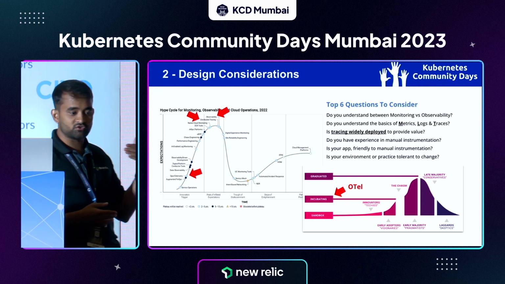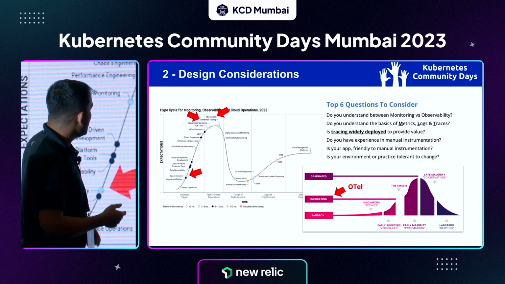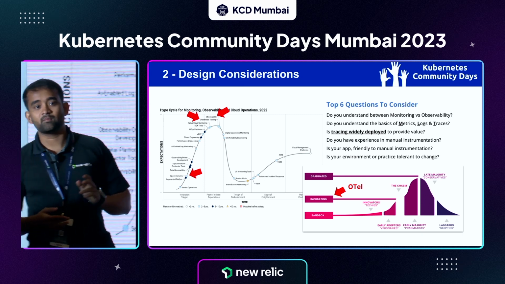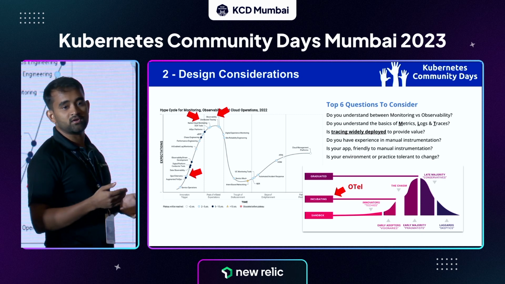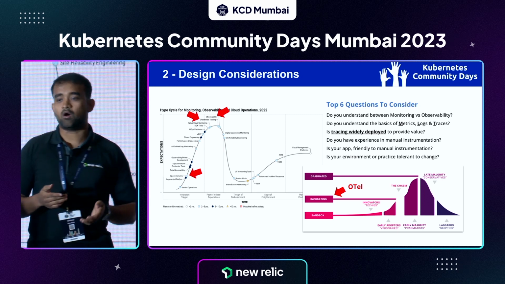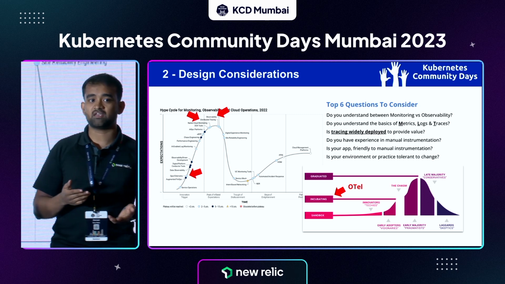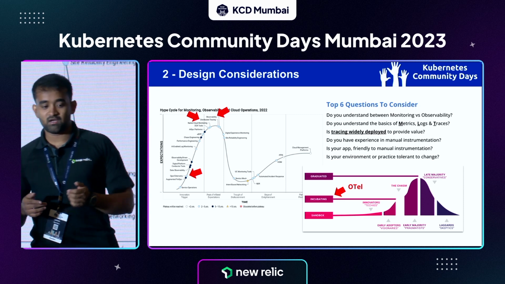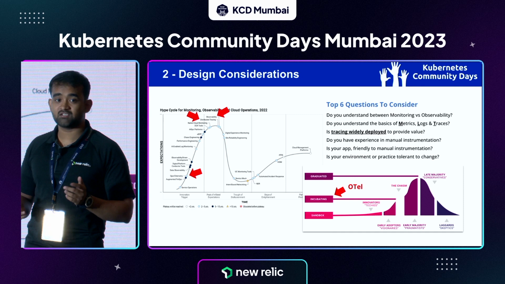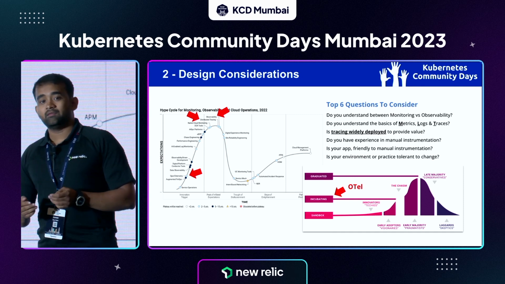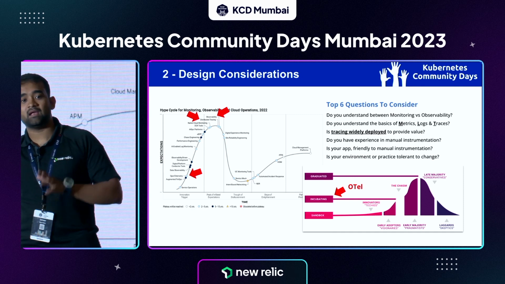I want to bring your attention to the chart on the left. That's a hype cycle report from Gartner 2022 that shows the understanding and maturity of the industry and the expectations of different technologies and concepts. If you notice on the top, on the red arrows, we have observability and distributed tracing. The industry already understands observability and distributed tracing.